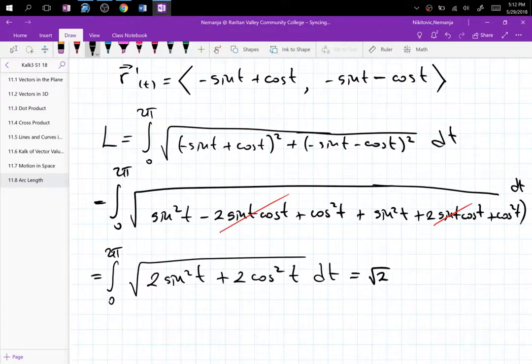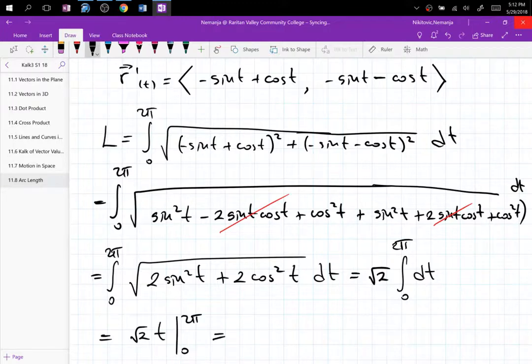When you factor 2 and then you kick out a root 2, you have 0 to 2 pi of just dt, because sine squared plus cosine squared is 1. Square root of 1 is 1, so that's all gone. And what we get is root 2 t from 0 to 2 pi. So that's 2 pi root 2.